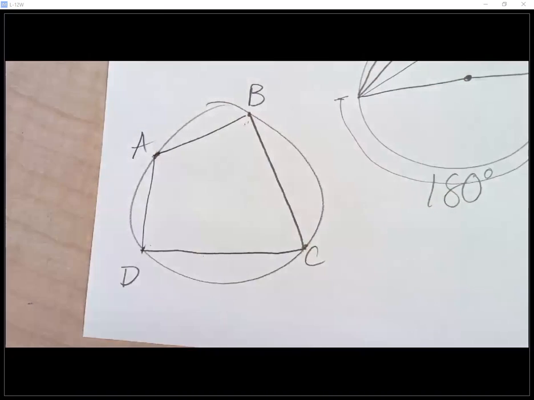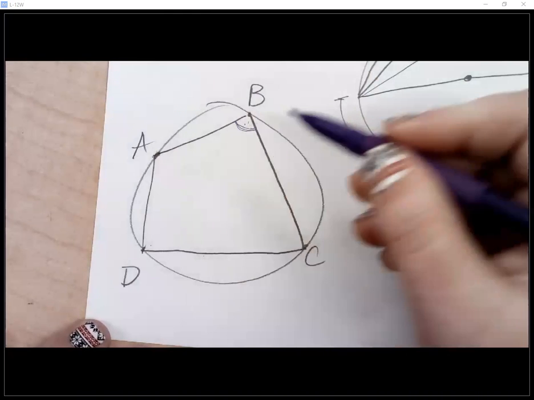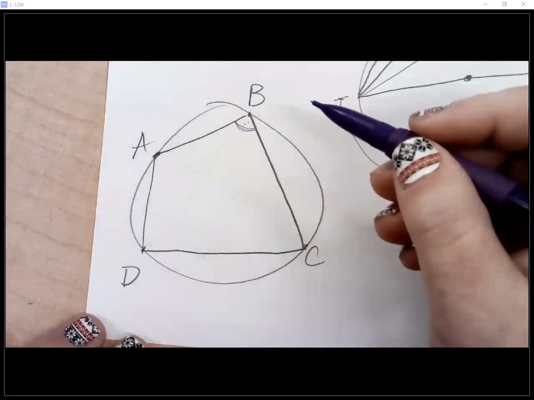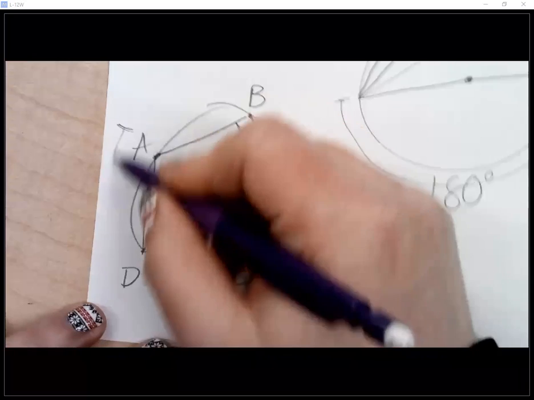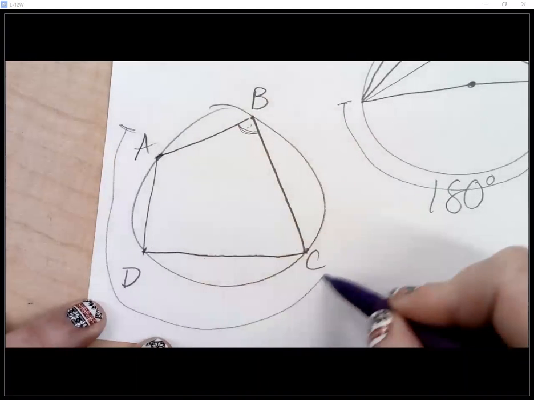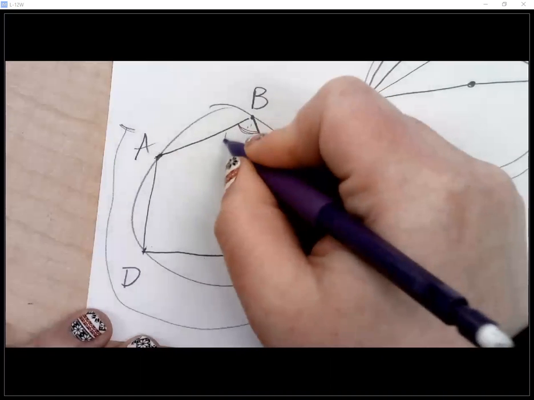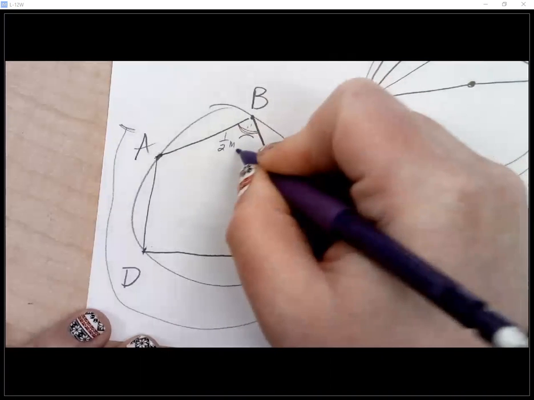Let's just talk about angle B for a second, right? Wouldn't angle B, that's an inscribed angle, right? Right, you with me? So wouldn't it be equal to half of its arc, which would be ADC? So this is going to be half the measure of arc ADC. Whatever it is, right?